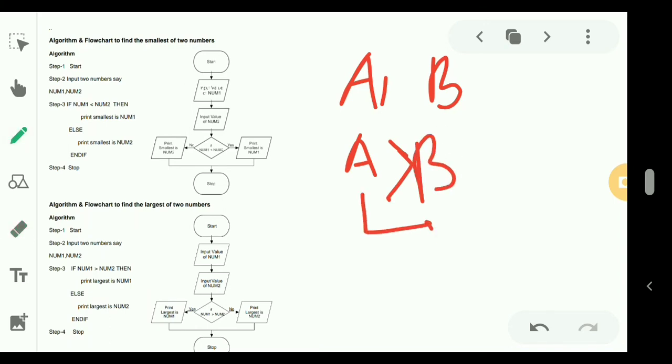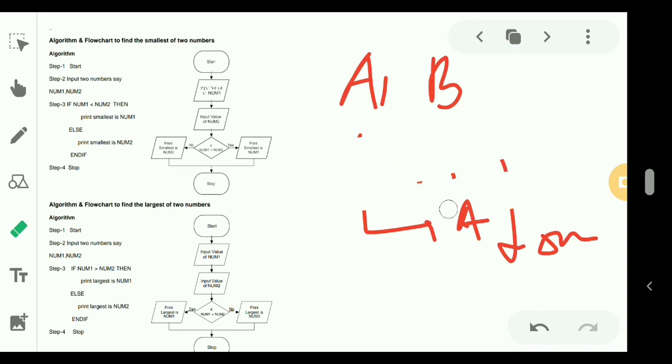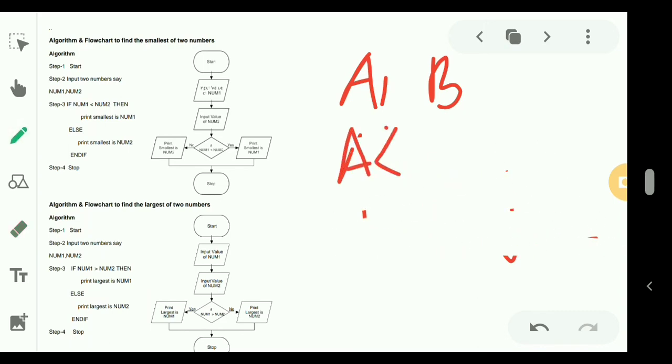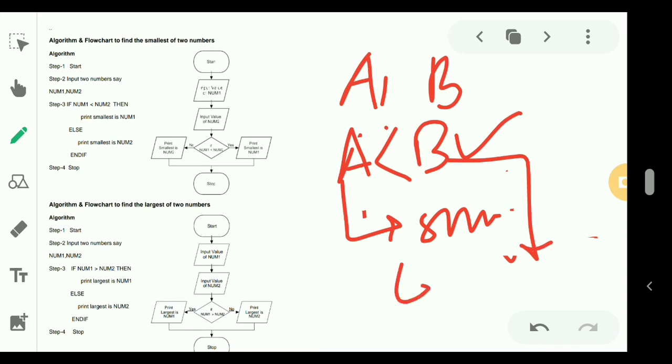If this is true, then a is greater and b is smallest. We can check another way also, that a is less than b or not. If this condition is true, then a will be smallest and b will be the greatest. So there are two procedures of checking, and in both procedures you can go for it.